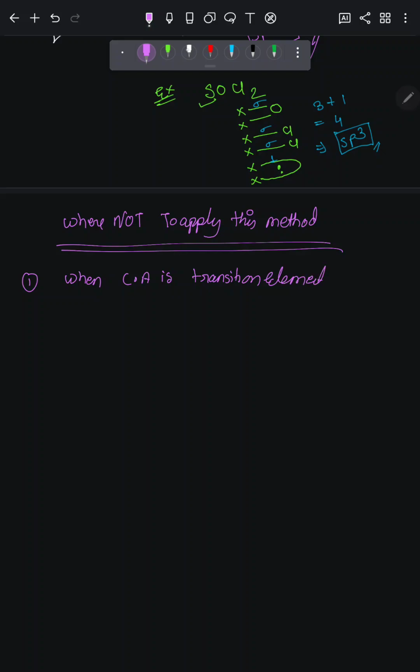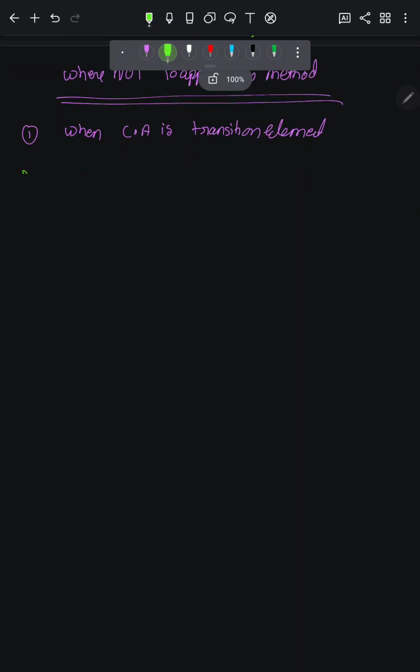If a transition element is present, this method is not applicable here, and we calculate it with valence bond theory. Next, if a Drago molecule is present, then we do not calculate hybridization. And third, when odd electron species are present.